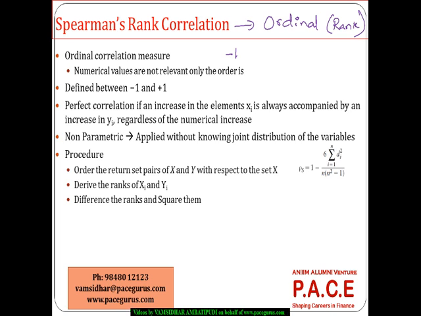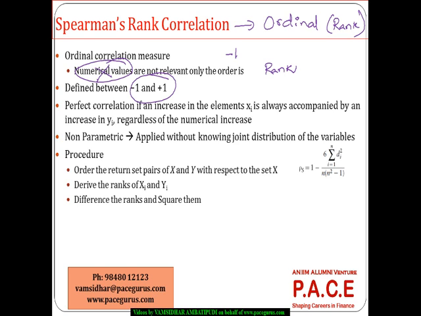Again, value-wise it lies between -1 and +1 only. But here the real values of the variables are not important for me. It's only their rank, only their order that is very much important.